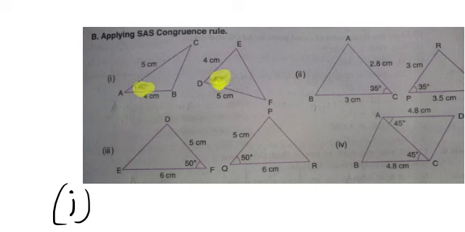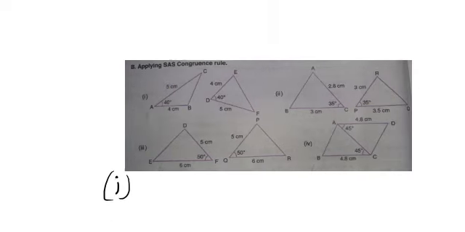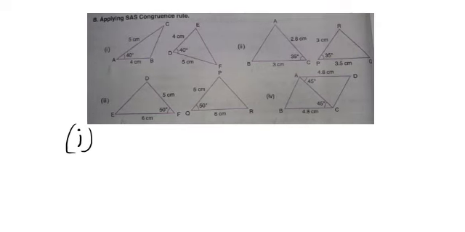Then we have to see the length of these sides. You can again see that they are 4 centimeters, 4 centimeters and 5 centimeters, 5 centimeters. So we can find pairs of equal sides here as well. This means that our triangles are congruent. Both the sides are equal and the angles are also of the same measure.